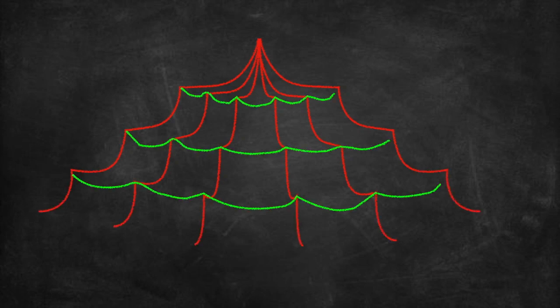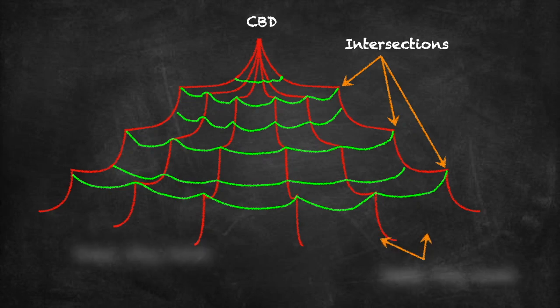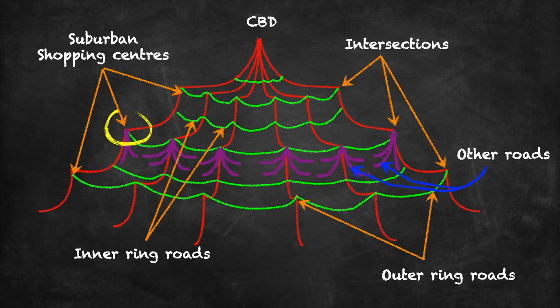And so the red roads represent the main roads, and then we've got green roads that are really the ring roads around the city. And then we get points of intersection. So you've got inner ring roads, outer ring roads, and other roads. At the points of intersection is where shopping centers can happen, and that is where you're going to get your outlying CBDs.